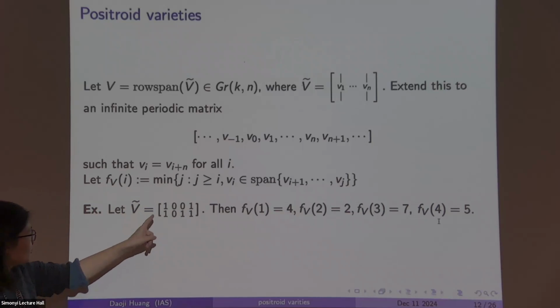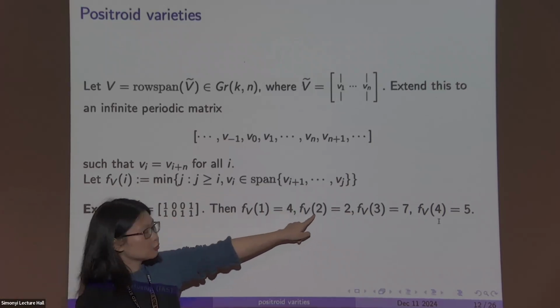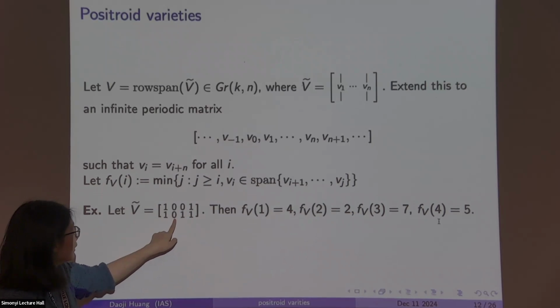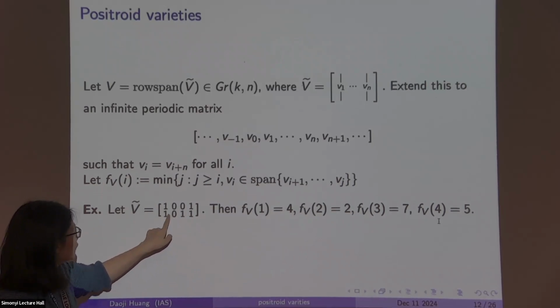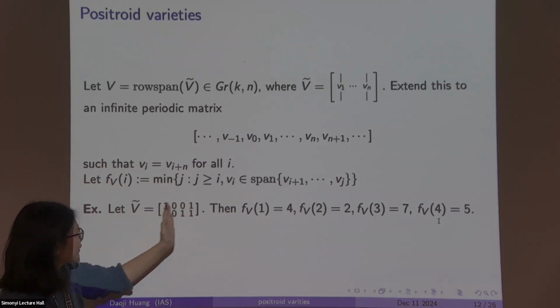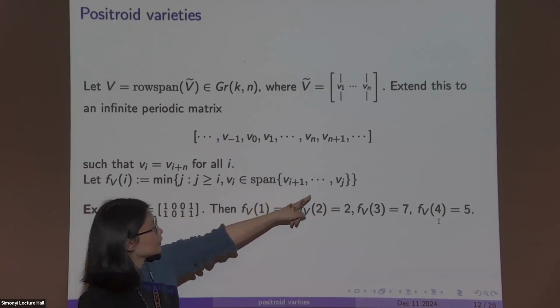So you take an i, you look, if the vector is 0, then it's in the span of anything. So that gives you a loop. Otherwise, you look to the right, and you look for the first time that this vector appears in the span of the consecutive vectors from i plus 1 to j.